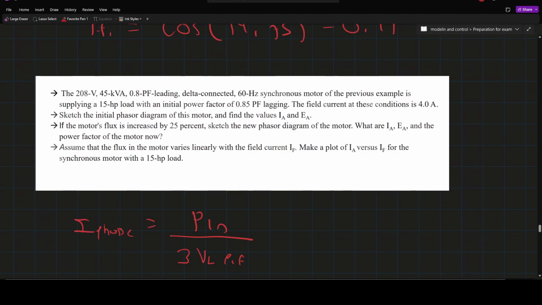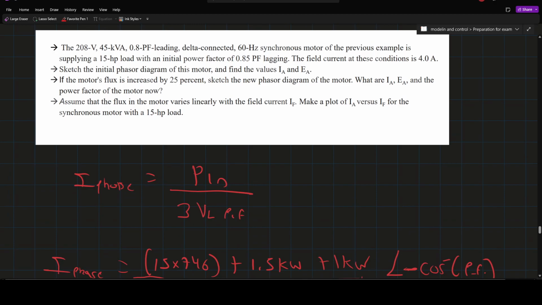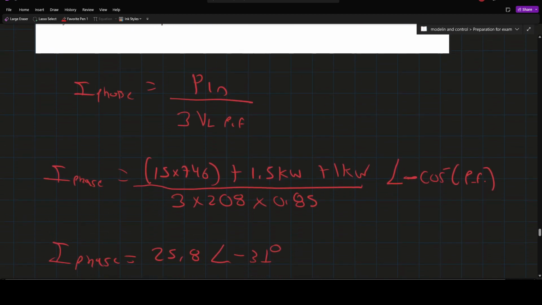Now they are asking us to assume that the flux in the motor varies linearly with the field current. Make a plot of IA versus IF for the synchronous motor with a 15 horsepower load.